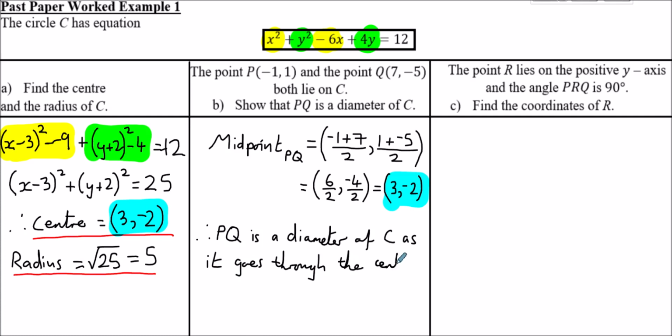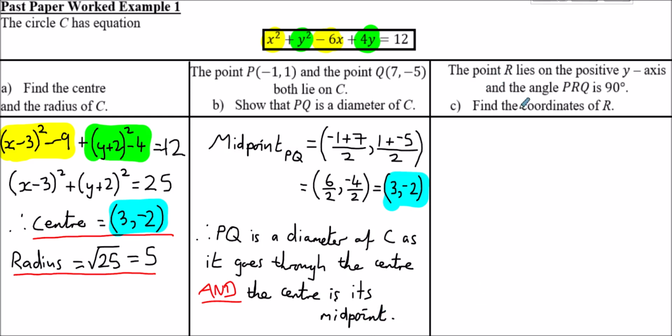It's going through the centre, and the centre is its midpoint. So there can be no doubt that PQ is the diameter of the circle in question.